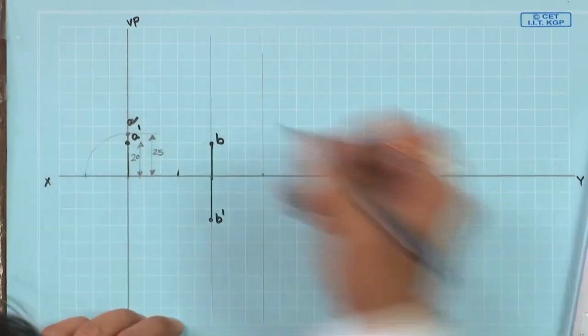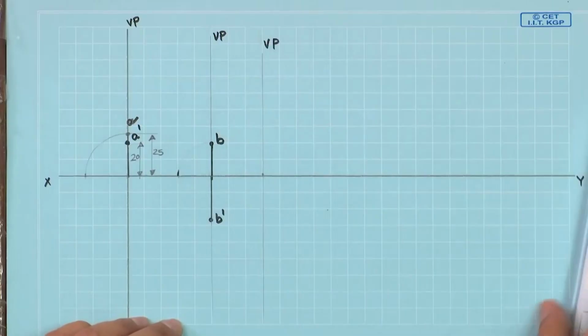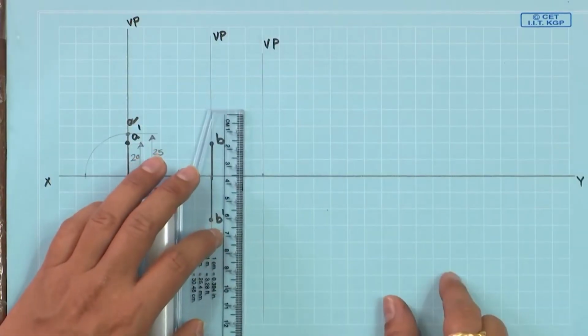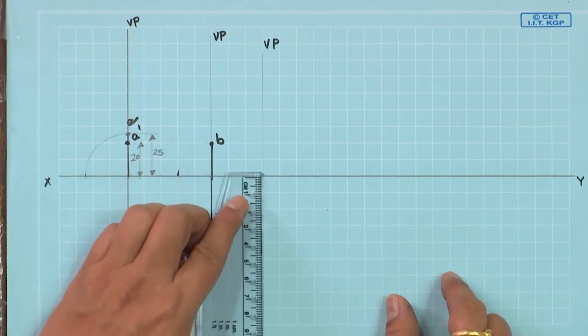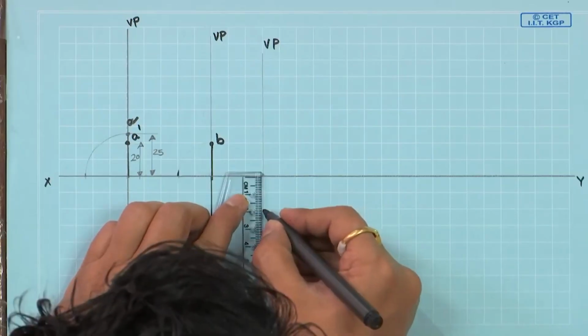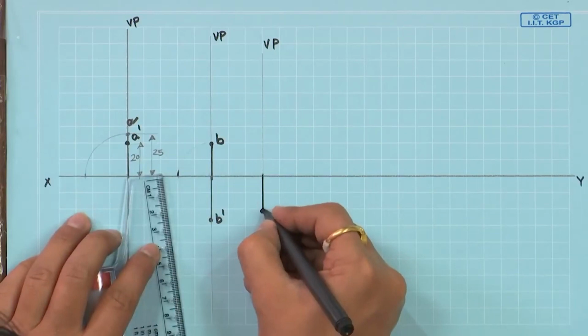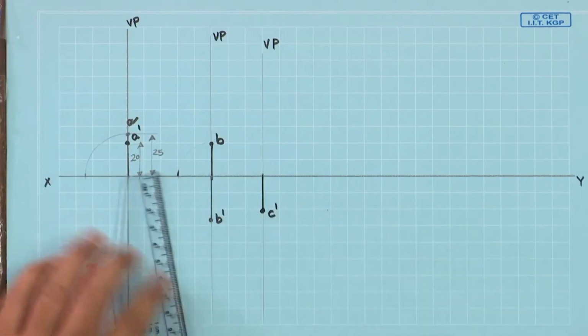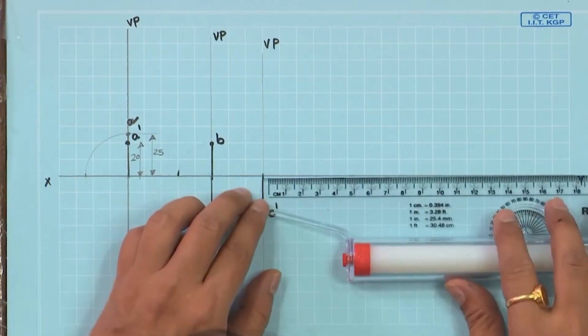Name it as vertical plane. 20 mm below HP, so mark a point, join that, name that point as C prime, and 30 mm in front of VP.